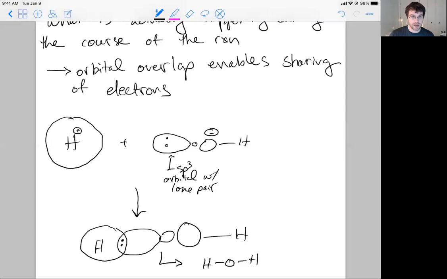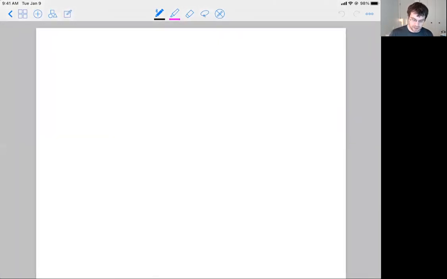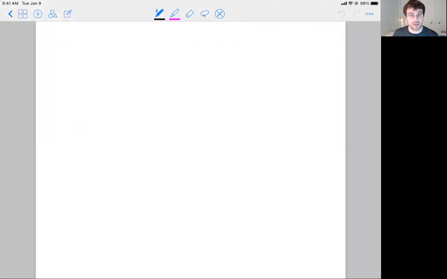Now, in my opinion, it's a bit cumbersome to draw out the orbitals, show them overlap, indicate where the electrons are, and then just continue to suggest that we have this overlap and a covalent bond has been formed. Instead, an alternative way of depicting bond formation and bond breaking is to use curly arrow notation.